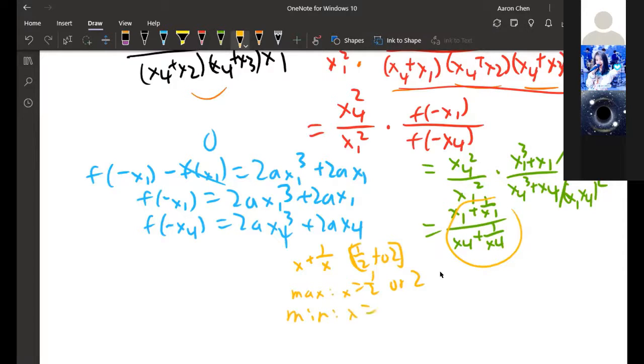And the minimum is when x is equal to 1. And so the maximum value of this is when x1 is equal to 1/2 or 2, and x4 equals 1. And that gives a value 2 plus 1/2 divided by 1 plus 1, or 5/2 over 2, which equals 5/4.